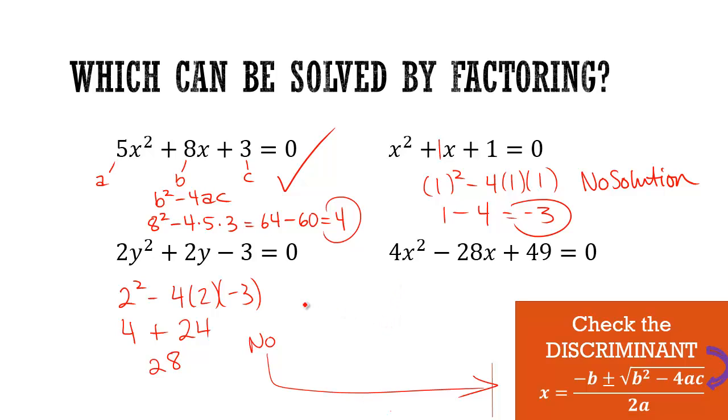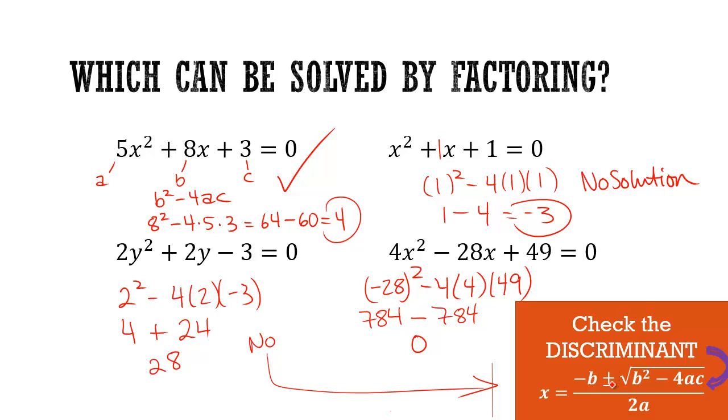And finally, you could check this one. And that would be negative 28 squared minus 4 times 4 times 49. And you can see that this is equal to 0. So what does that tell you?